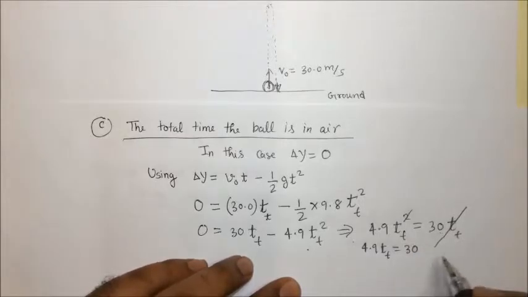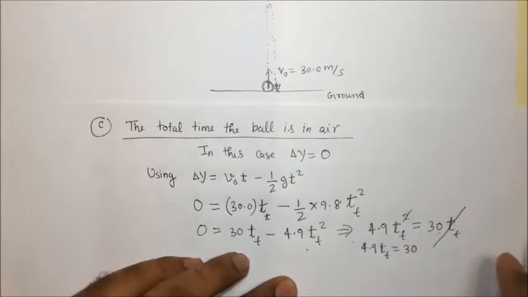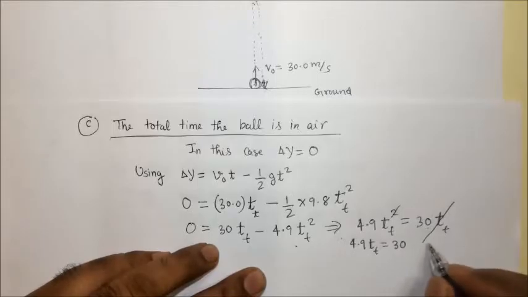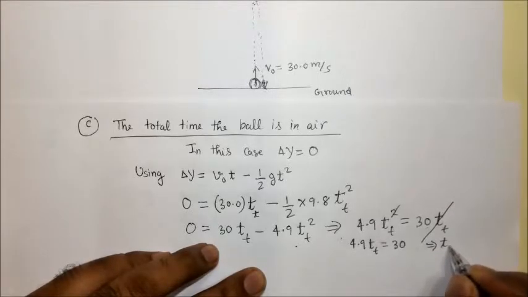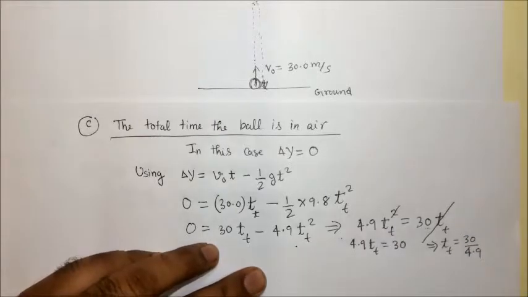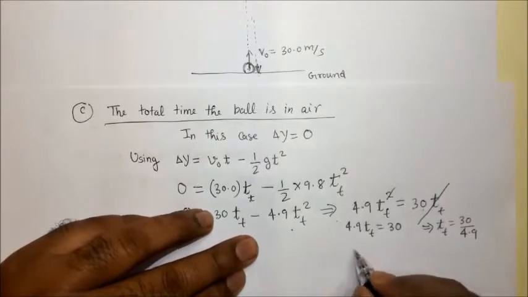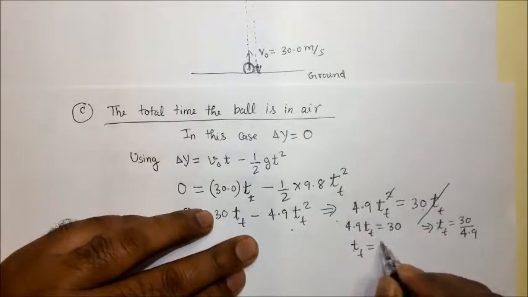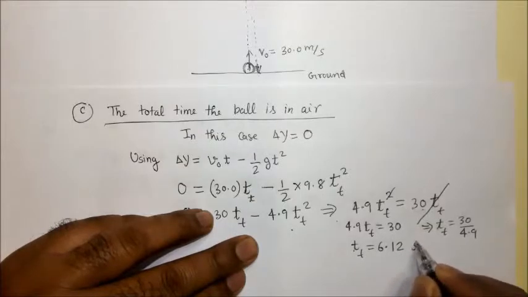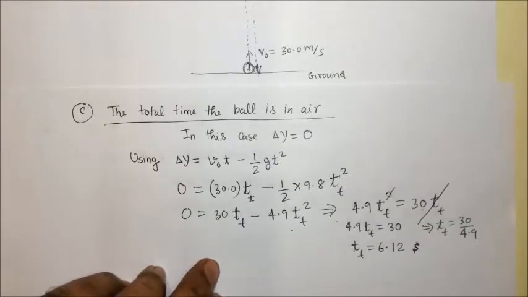Now this gives you T suffix t is 30 over 4.9, and if you calculate, you get T suffix t is equal to 6.12 seconds.